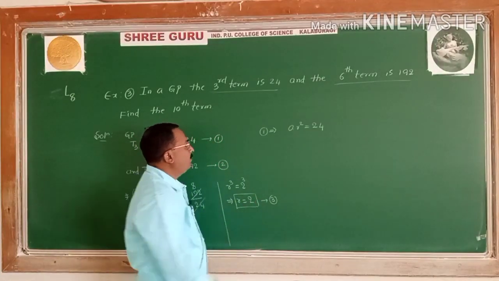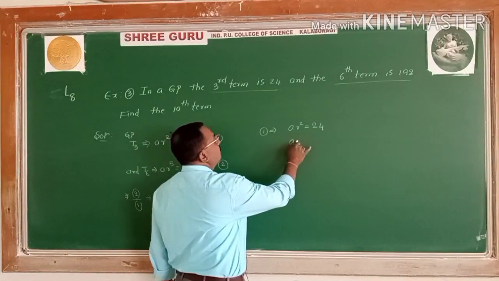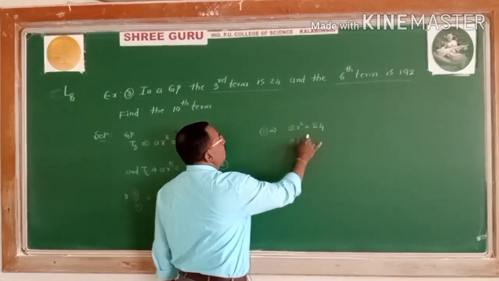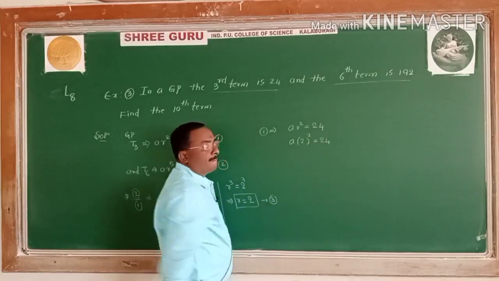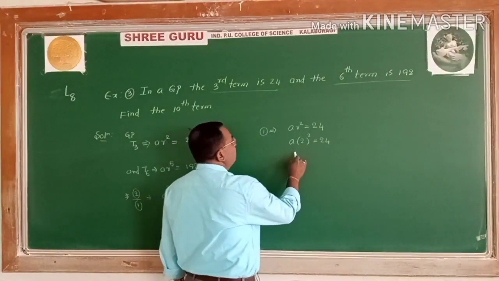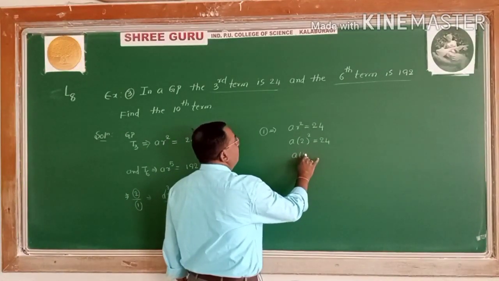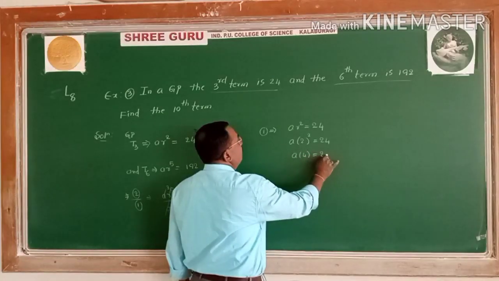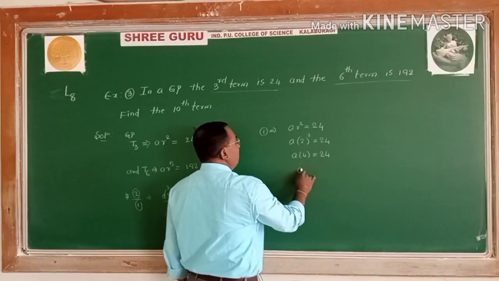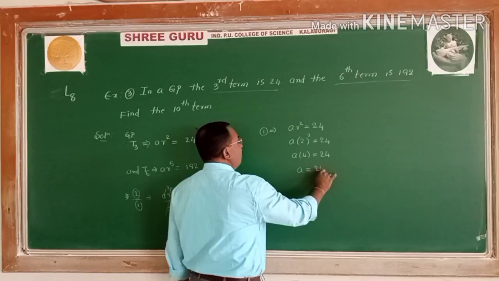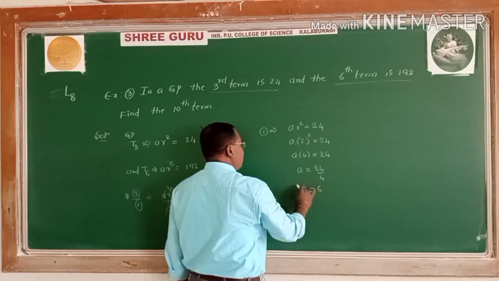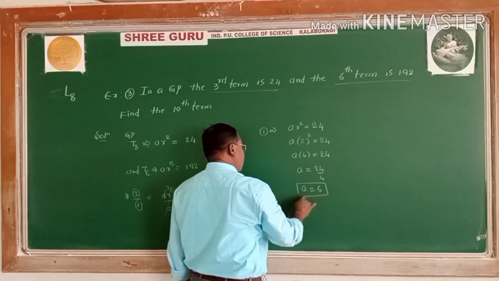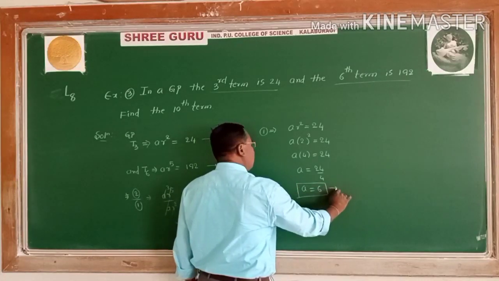Substitute R value, A as it is, R is 2, 2 square is equal to 24. 2 square is 4, take to the right side, A is equal to 24 by 4. A value is 6.